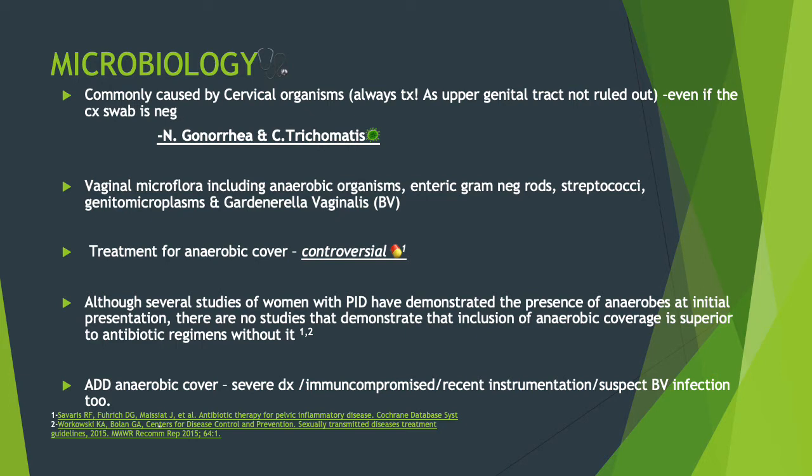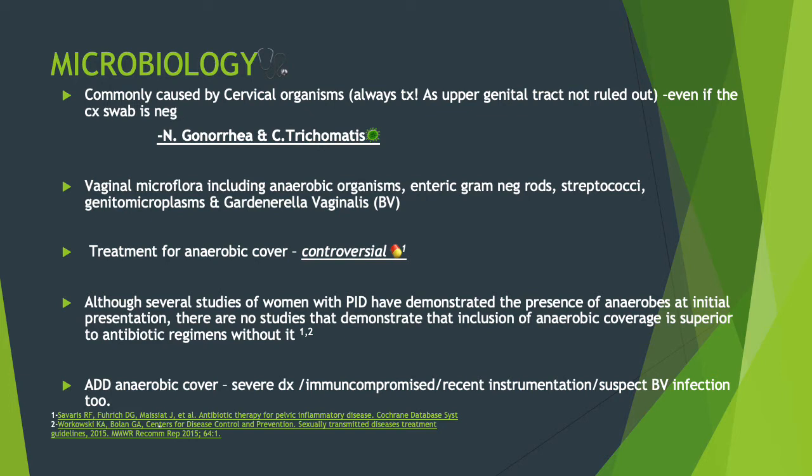When deciding to cover for anaerobes, the treatment is quite controversial. Although several studies of women with PID have demonstrated the presence of anaerobes at initial presentation, there are no studies that demonstrate that inclusion of anaerobic coverage is superior to antibiotic regimens without it.